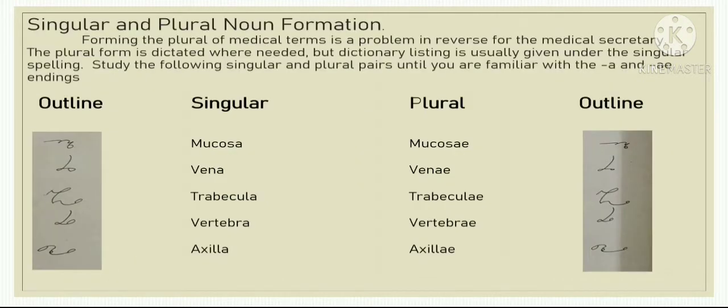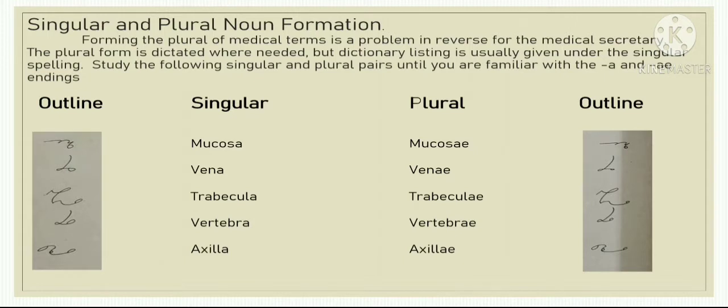Singular and plural noun formation. Forming the plural of medical terms is a problem in reverse for the medical secretary. The plural form is dictated where needed, but dictionary listing is usually given under the singular spelling. Study the following singular and plural pairs until you are familiar with the A and AE endings. The first singular word is mucosa.